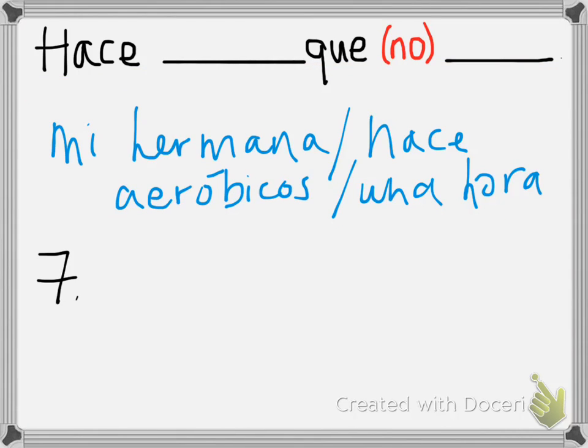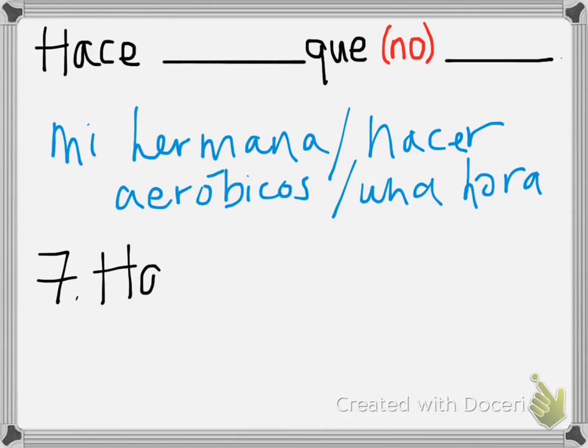Okay, we're going to do another sentence together, and then I'm going to have you finish the rest right here for you, okay? So número 7, we have mi hermana, we have hacer aeróbicos, and we have una hora. Okay, so remember we're using this hace que structure to tell how long your sister's been doing aerobics for.